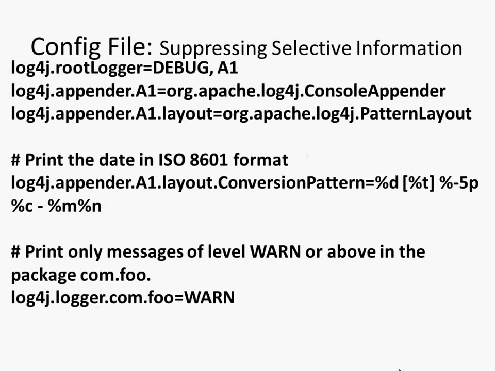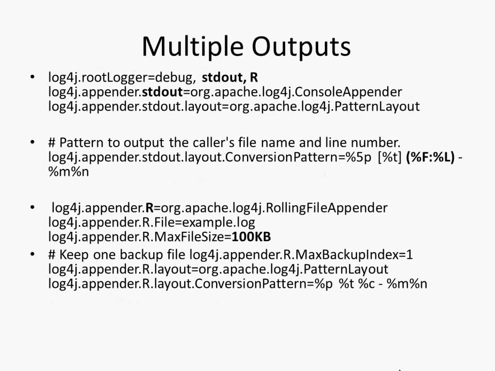So I won't go through all of this, just be aware that these things are flexible. So for example, you could say, okay, I only want to see things at this level or higher of detail. And a given logger can actually output to different places.